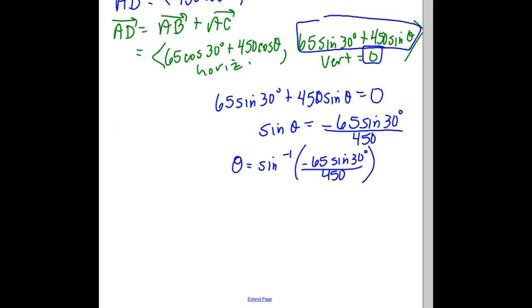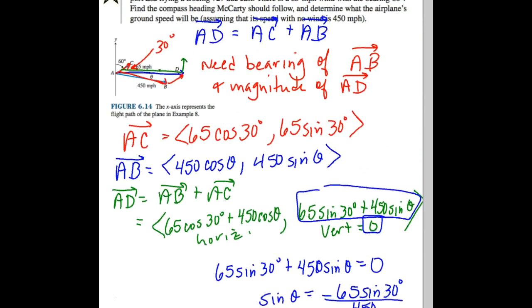We only know that the vertical component is 0. Okay? You should get a small negative number, negative 4.142.